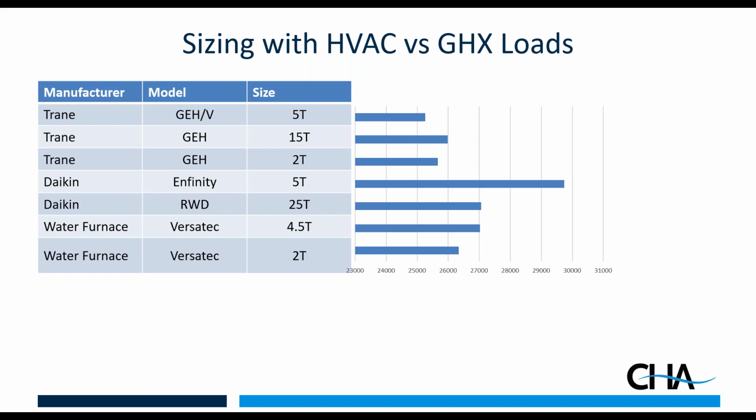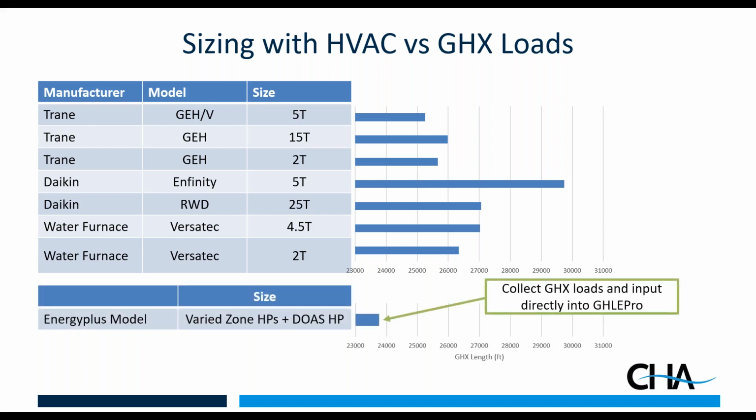It assumes that you've just evenly sized them out. They're going to have slightly different part load performance. They're going to have slightly different part load efficiencies or design efficiencies. So what you're seeing here is there's a lot of variation in the length of the bore field that it's saying that it needs to do the exact same loads.